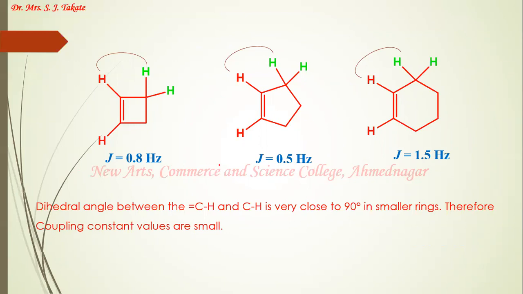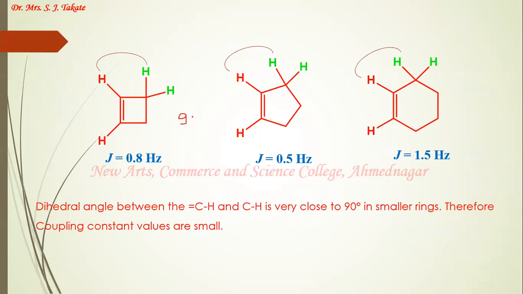If you look at the coupling constant values for all the three cases, they are very small: 0.8, 0.8, 0.5 and 1.5 Hertz. In general, they are very small. This is because the dihedral angle between this red CH bond and this green CH bond is approaching 90 degrees.